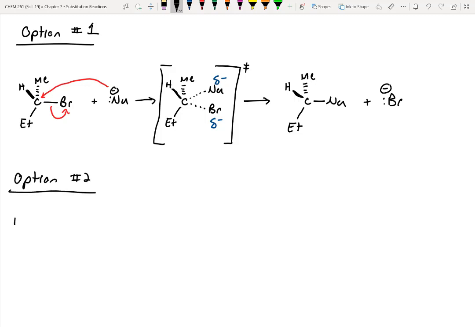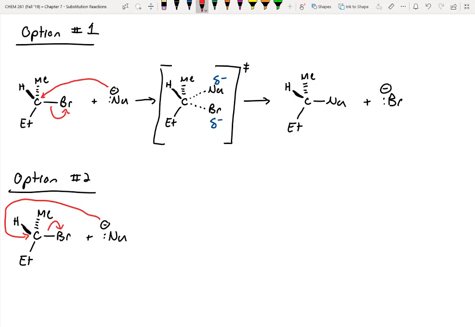Option number 2, we're going to do the same thing. But how else could the nucleophile attack that carbon? What do you think? The other side, right? So instead of attacking the front side, maybe we attack the back side.